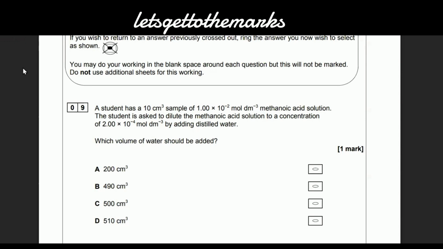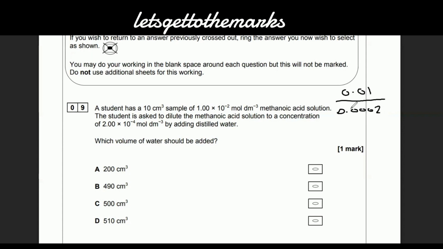Okay, well, first of all, there's two ways to do this. So you could just say, what is that? That is the same as saying 0.01, 1 × 10^-2. And then they're going to dilute it, make it weaker. So it's going to go down to 2 × 10^-4, which is the same as saying 0.0002 mol/dm³.